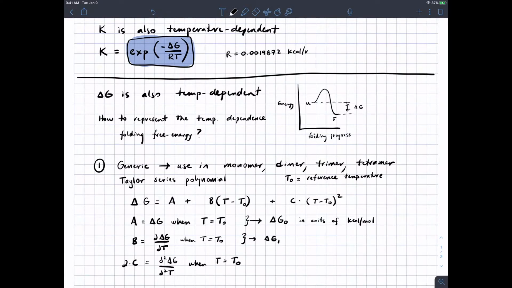You've got to make sure whatever you do that your units for the gas constant are the same as your units for free energy. Delta G1 is going to have units of kcal per mole per Kelvin, and then delta G2 is going to have units of kcal per mole per Kelvin squared.